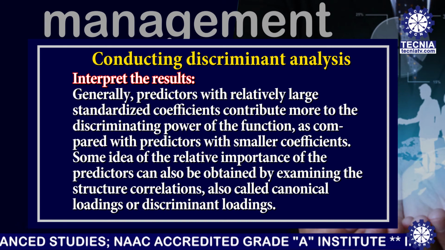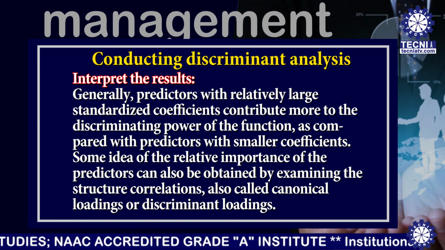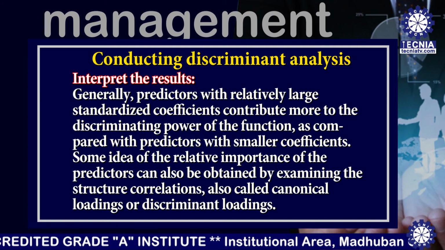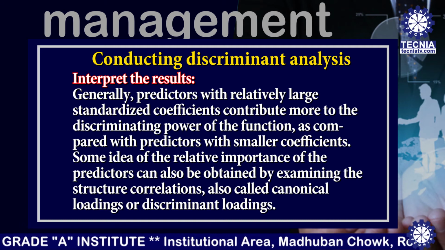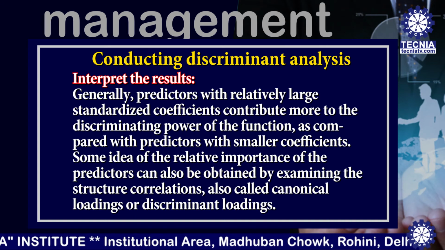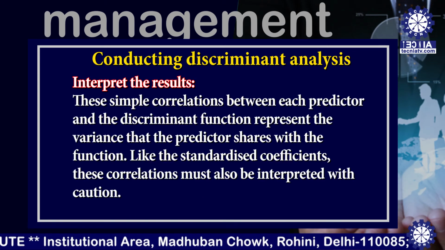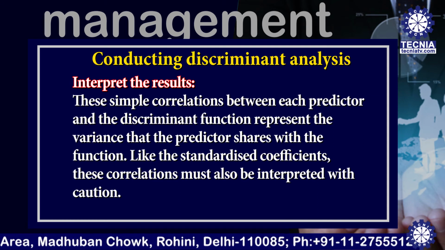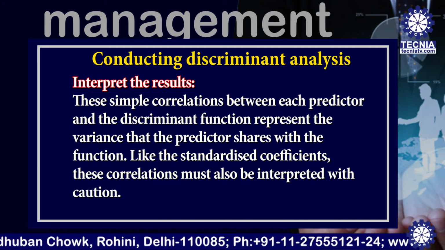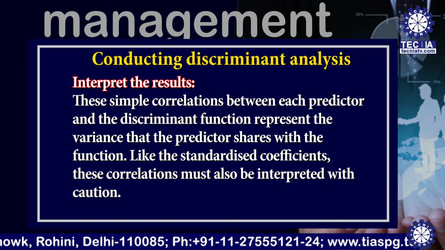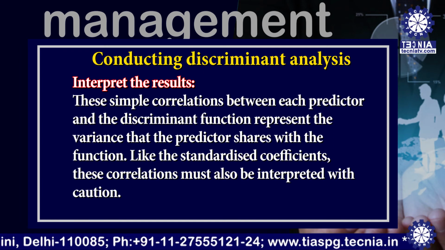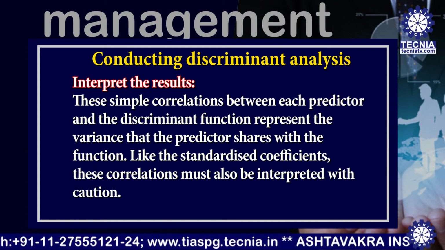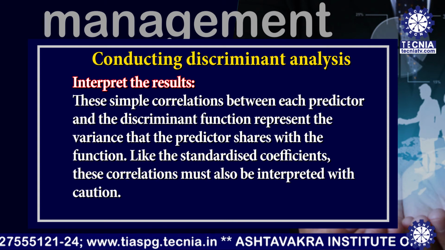Some idea of the relative importance of the predictors can be obtained by examining the structure correlations, also called canonical loadings or discriminant loadings. These simple correlations between each predictor and the discriminant function represent the variance that the predictors share with the function. Like the standardized coefficients, these correlations must also be interpreted with caution.